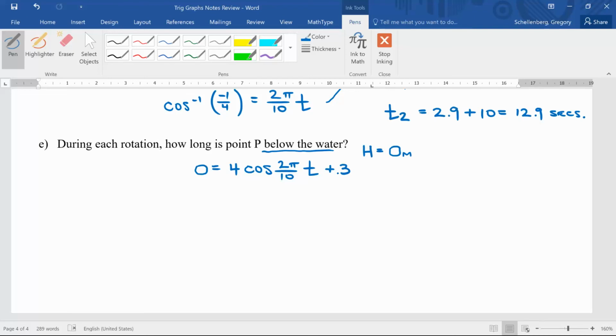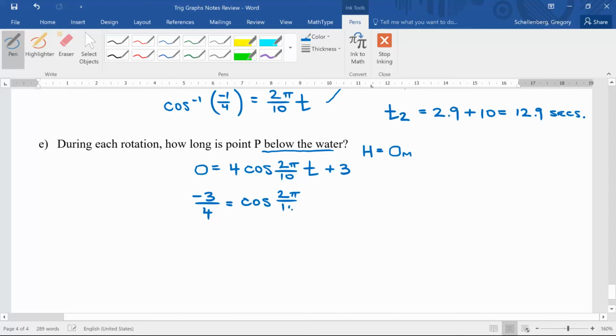Negative 3 divided by 4 is equal to the cosine of 2 pi over 10 times t.